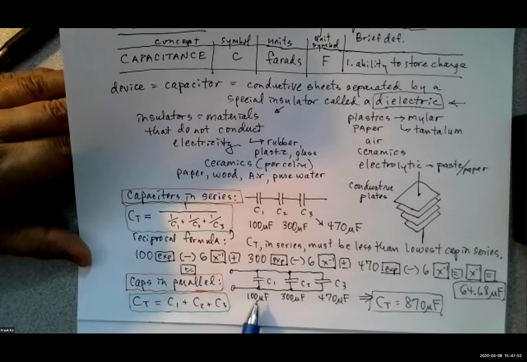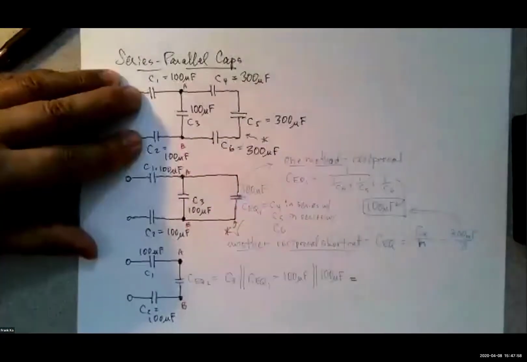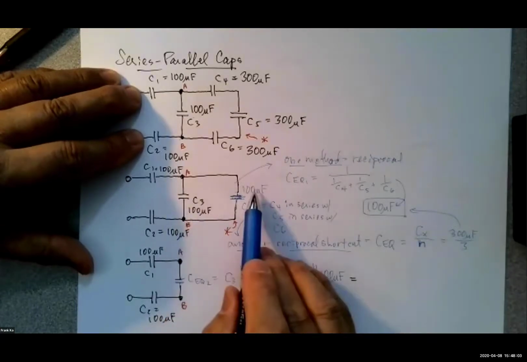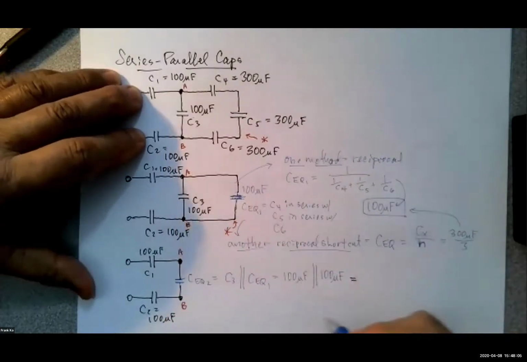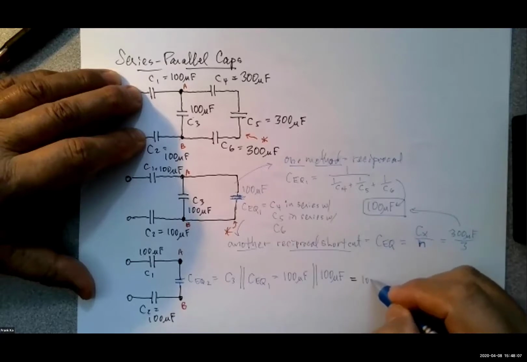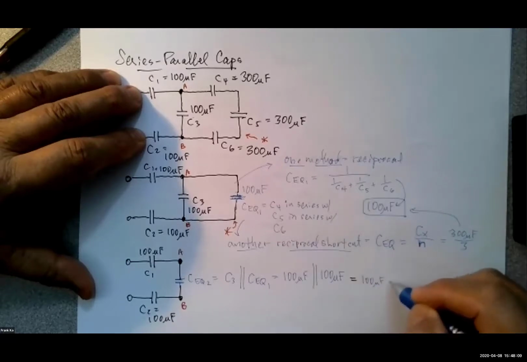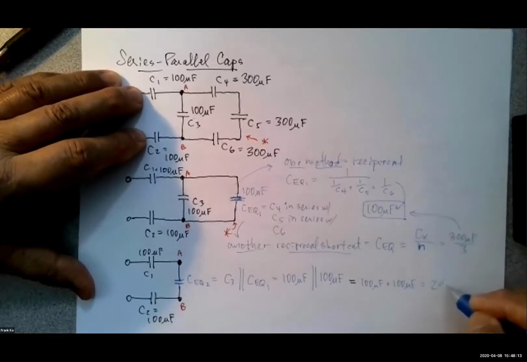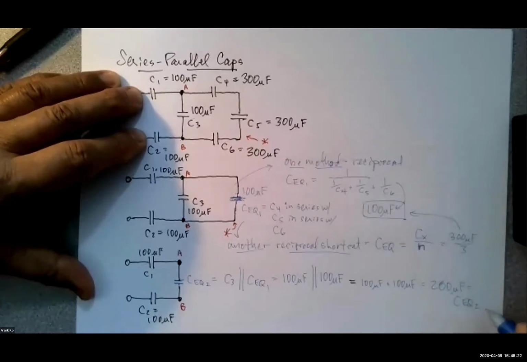So previously we added 100, 300, 470, which gave us 870 microfarads for them being in parallel. We should be able to do the same here. We have 100 in parallel with 100. So all we have to do mathematically is 100 microfarads plus 100 microfarads gives us 200 microfarads, which is equal to CEQ number 2.